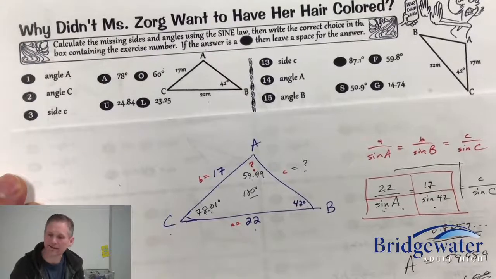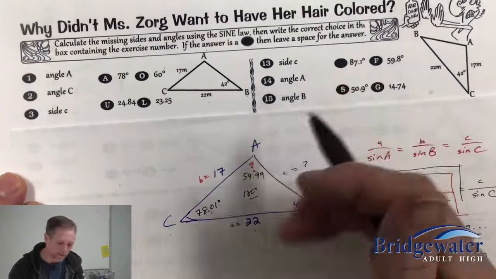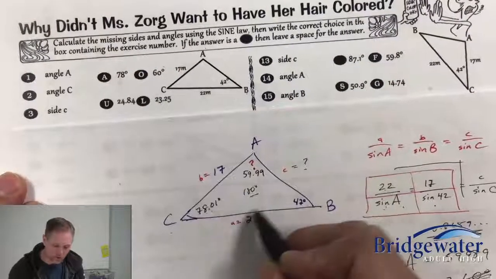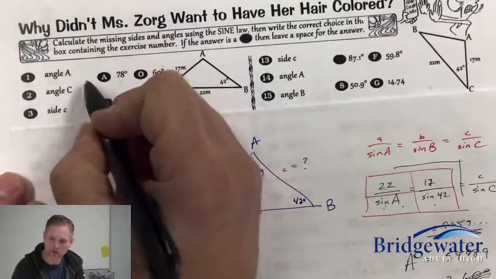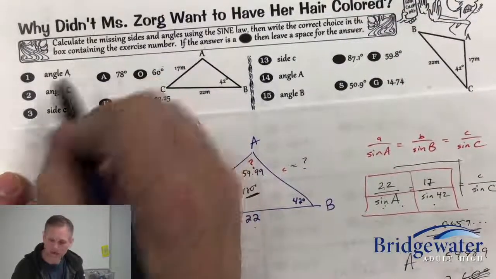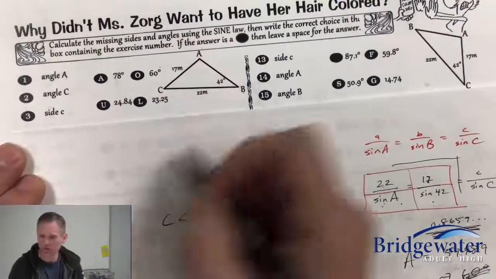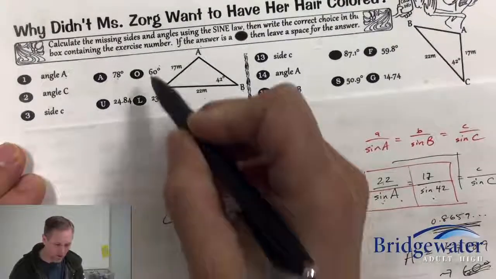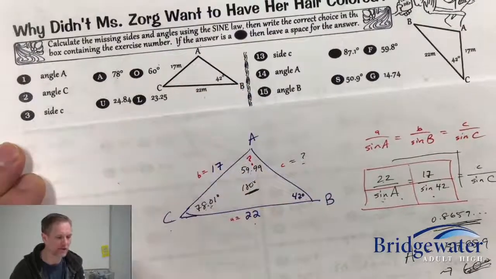Even if you get an angle of 160 degrees, well, 160 would work, but anything over 180, if the total angle is 180 degrees, if you get an answer that's more than 180 degrees, you know you did something wrong, or that's not an angle. Same thing for side C. This is multiple choice. So we know that 78 is an answer because we figured that out. We know that 60 is an answer because we figured that out. So those, A and O, are not going to be the answer for side C.